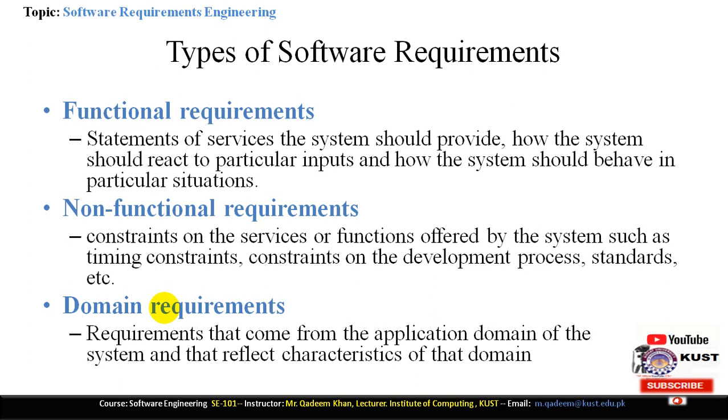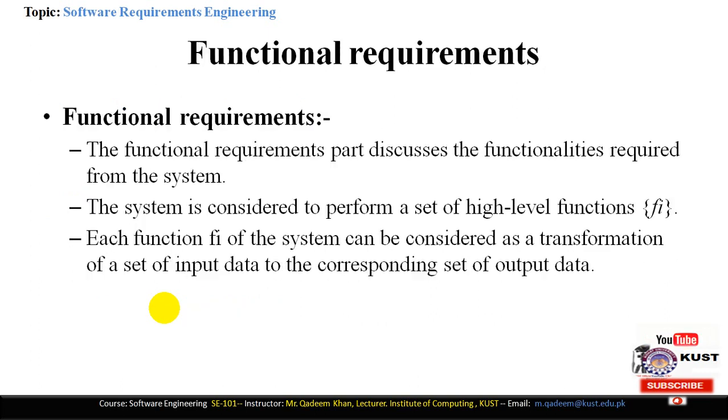The domain means the area of the system. For example, it is the artificial intelligence domain, the database management system domain, the mobile domain, or the robotics domain. All these are called domain requirements. We will explain each and every one in much detail here.